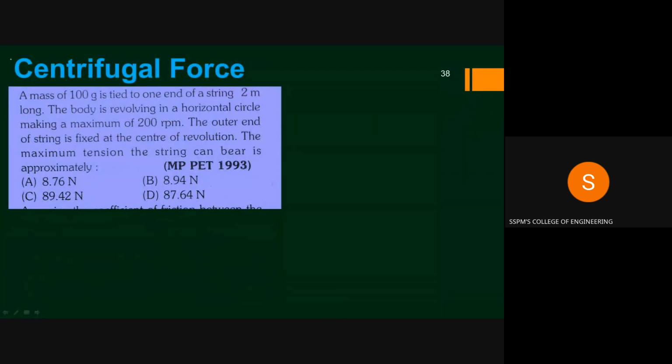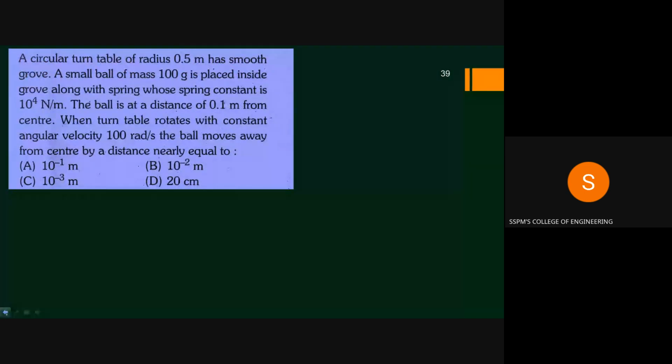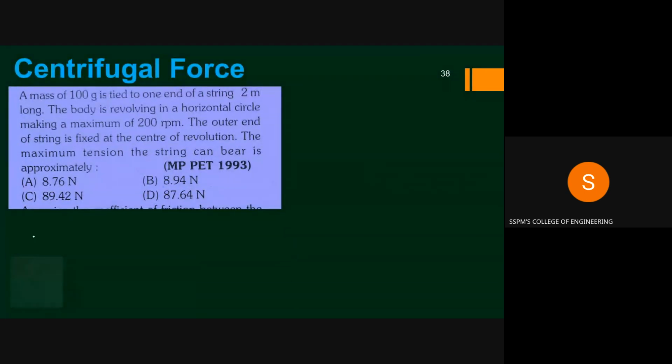Now next the concept is centrifugal force or the centripetal force. In case of centrifugal or the centripetal force, the equation is mv square upon r or m r omega square. Now just refer to the problem.